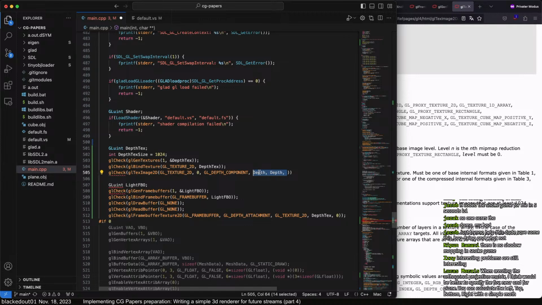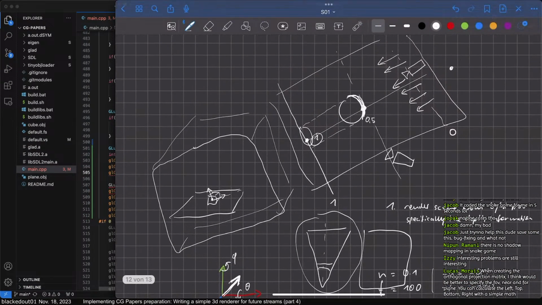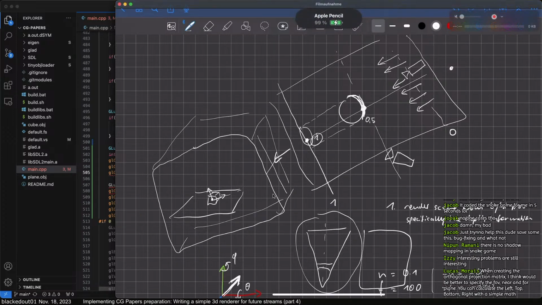It should basically be the same dimension as your cube with which you look at the scene. So if you look at the scene from here, this should basically be the same aspect ratio as the stuff you put in there.